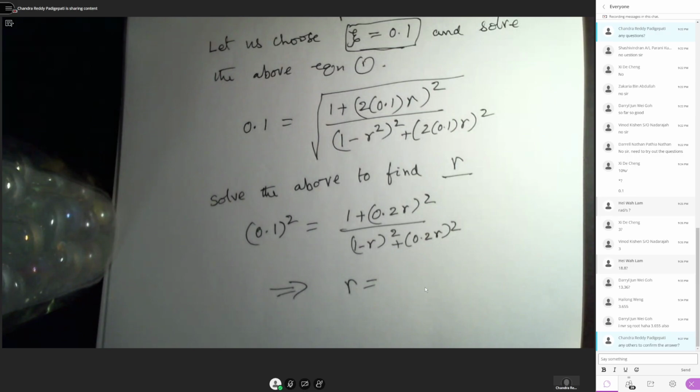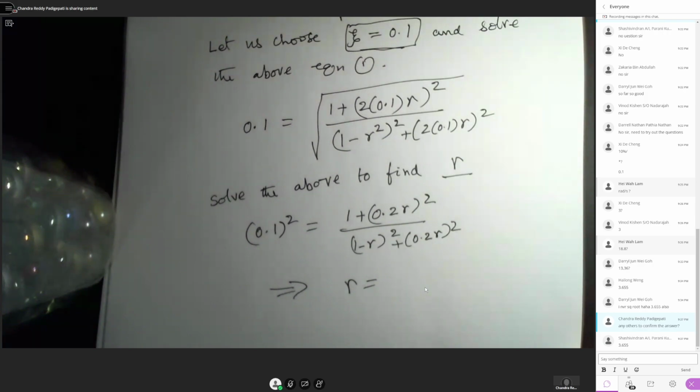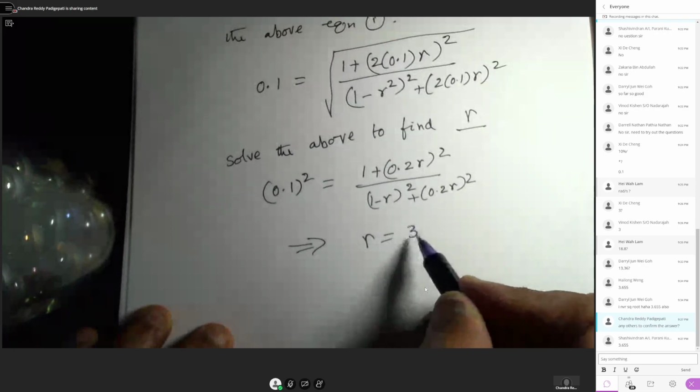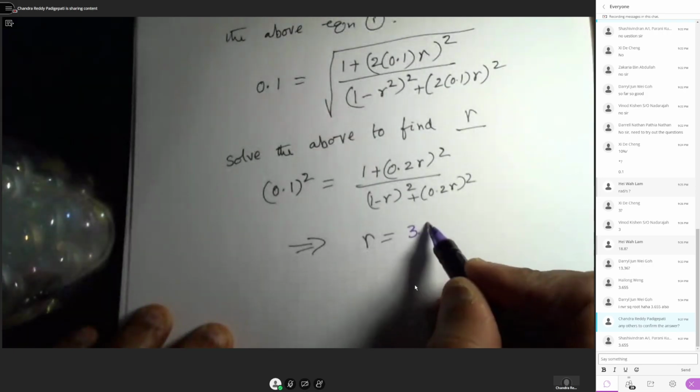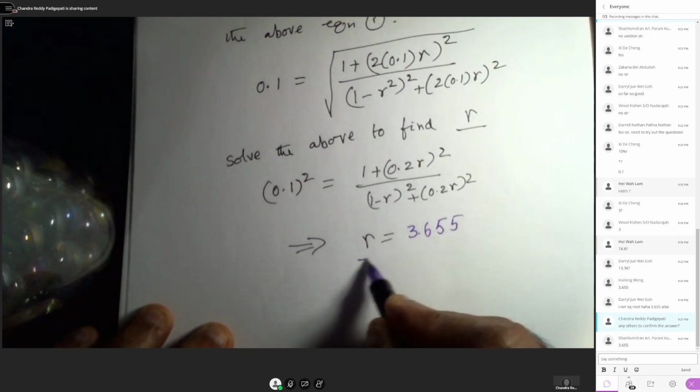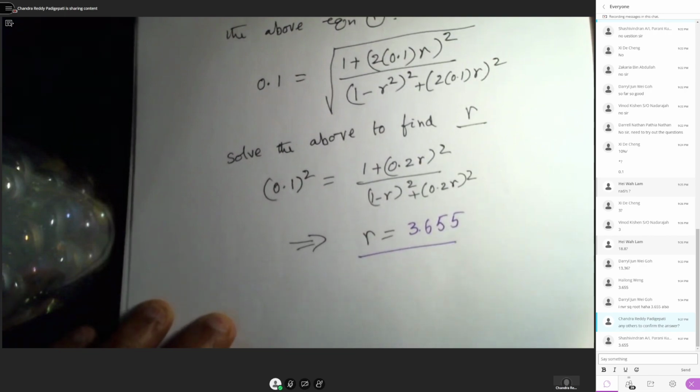Okay, Shaswindran is also giving 3.655. So therefore, you will be able to solve. When you submit your assignment, give all the steps. So you can say r is 3.655.